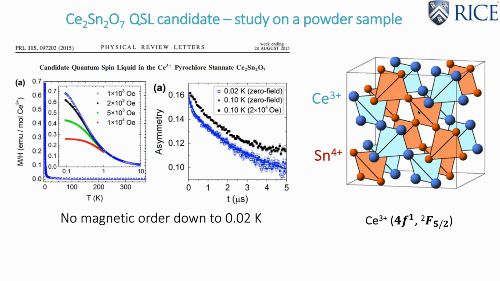However, due to the volatility of the tin compound, there's no single crystal available at that time. So the magnetic ion is the cerium 3+. It has one 4f electron. If the cerium 3+ forms this corner sharing tetrahedron.